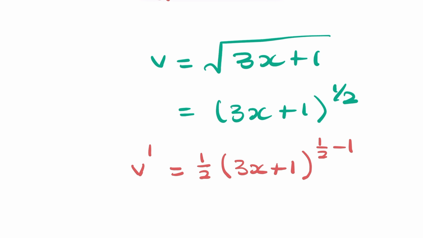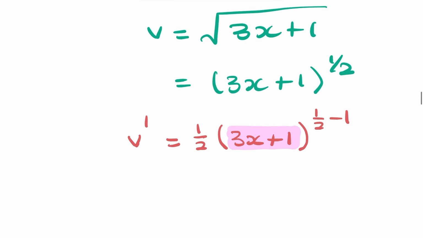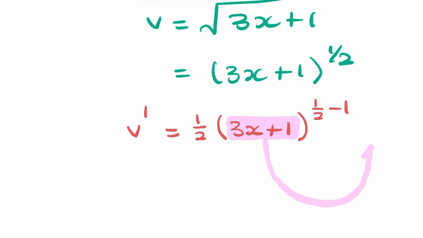But because it isn't x, it's an expression of x, we need to multiply by the derivative of that expression. And that's something that we call the chain rule. So the derivative of 3x plus 1 is 3, so we multiply by 3.